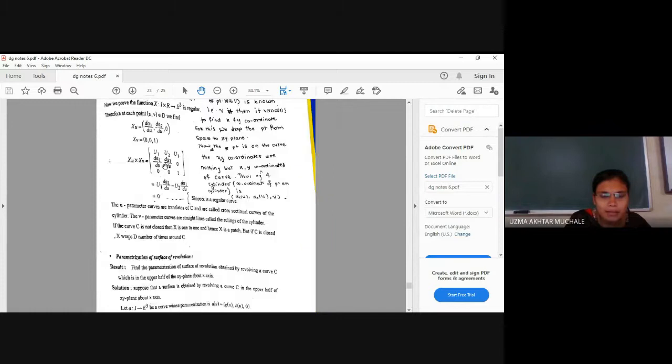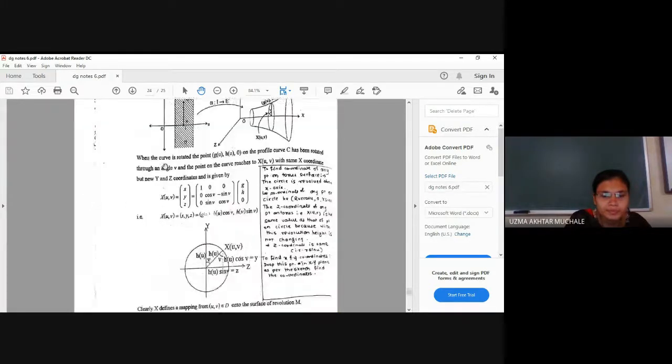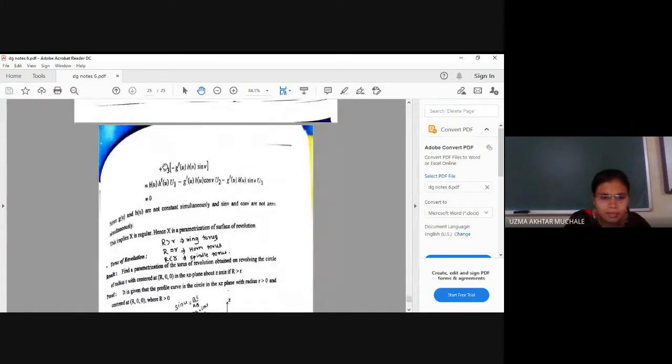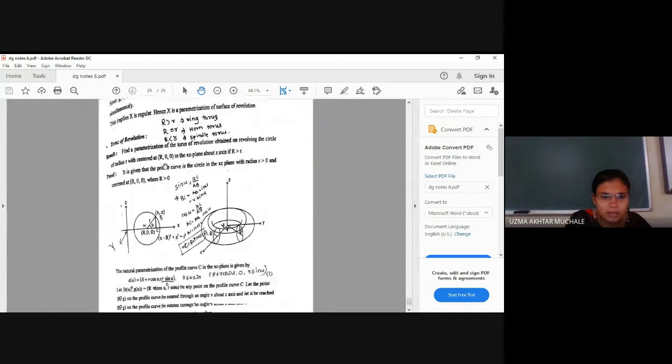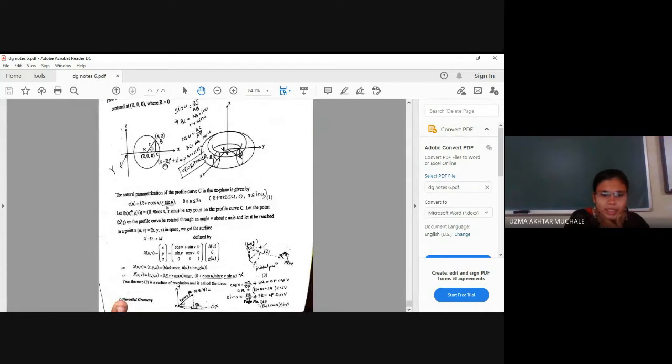You will have the exam at the end of December. No doubt we will cover the syllabus very fast. Not very many points are remaining. So here we have only this one, and after this we have shape operator, that is the fourth chapter. In the shape operator there is not much to study.